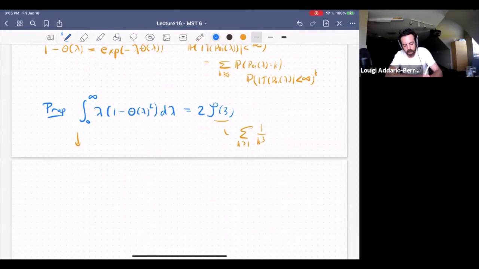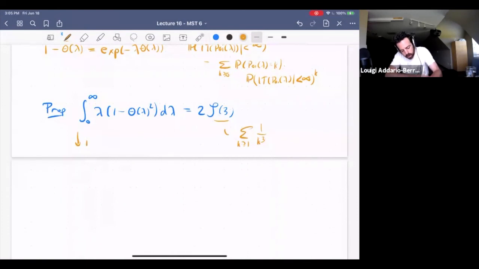So first, if you do integration by parts here, so you integrate up the lambda, you'll get lambda squared on 2, and here you'll get 2 theta prime.